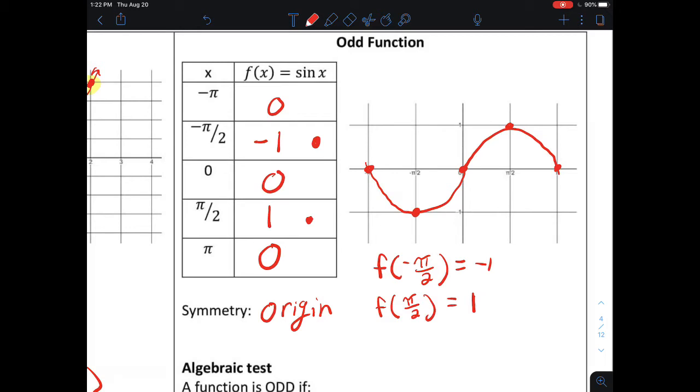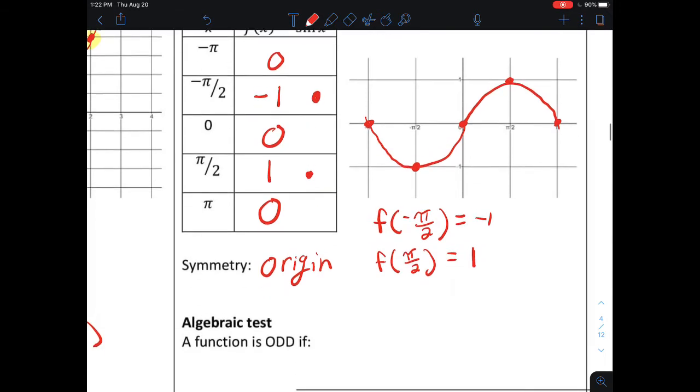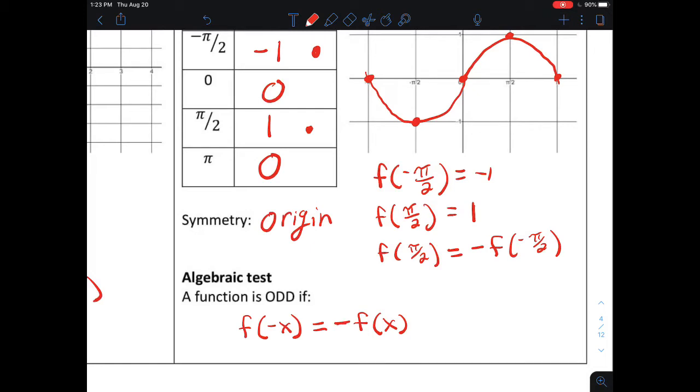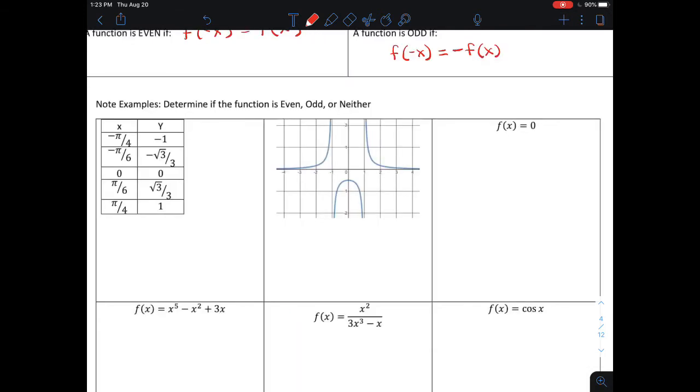We compare the input values to the output values, and they look very similar except for one part. f of pi over 2 is equal to -1 times f of negative pi over 2. So algebraically, our test to determine if a function is odd is that if I put in a negative x value, it should equal the same thing as if I put in the positive x value but changed the sign.